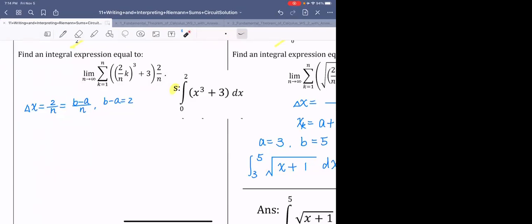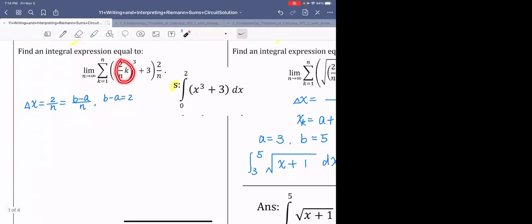Look at here. This is the inner one, right? And this is your xk, correct? This guy is 2 over n times k.